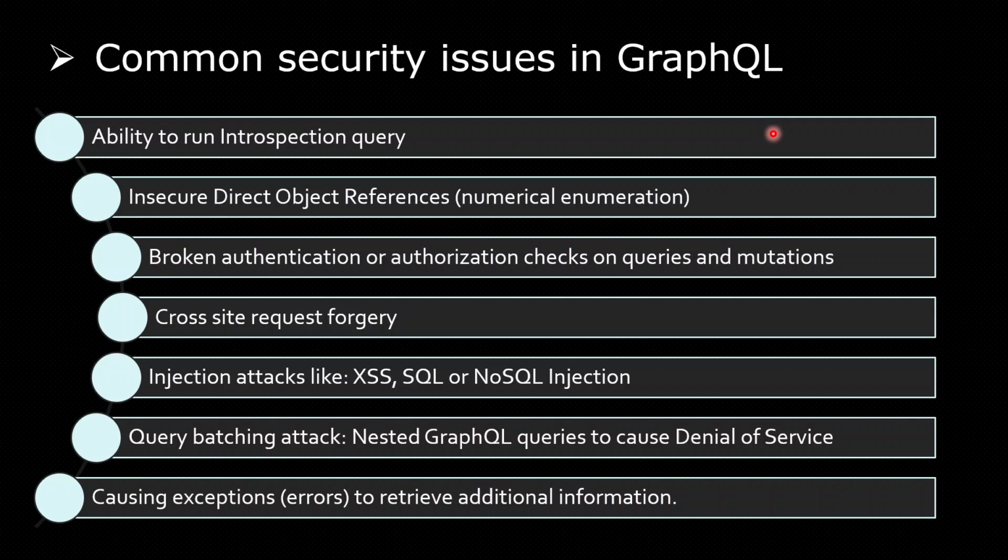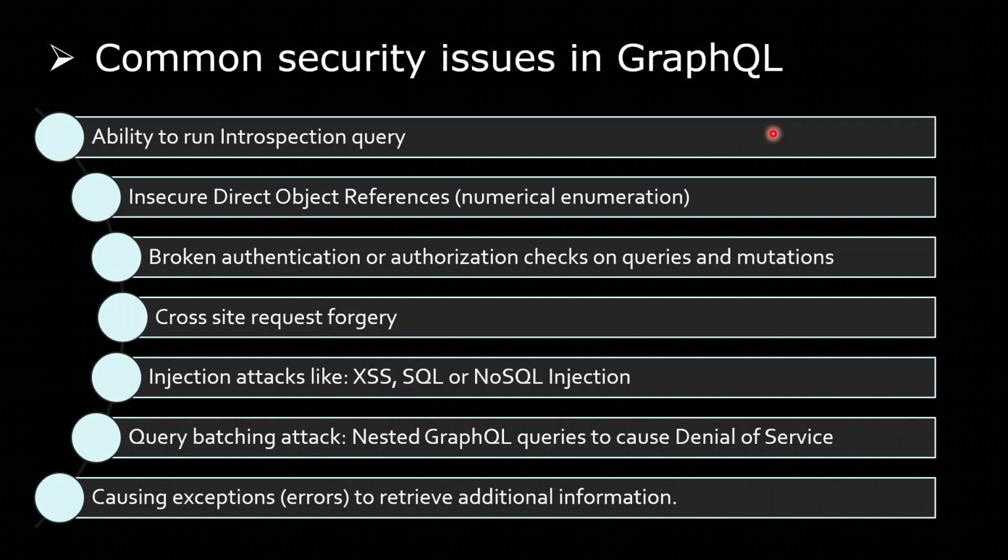The web application part will have authentication and authorization checks in place, but for GraphQL you need to implement them as well. If they don't, there are client applications that allow you to access the GraphQL implementation without any authentication or authorization.